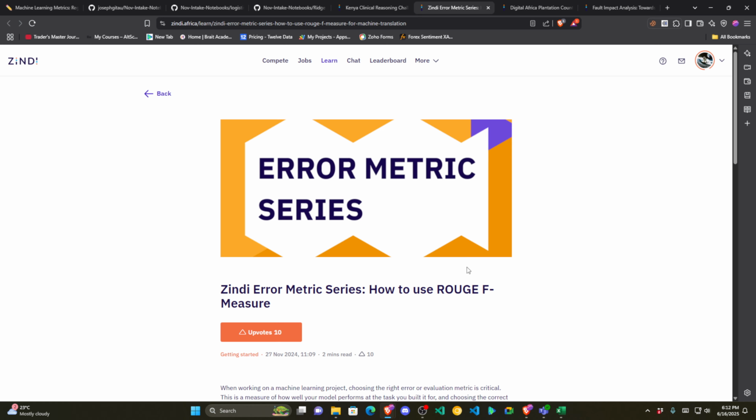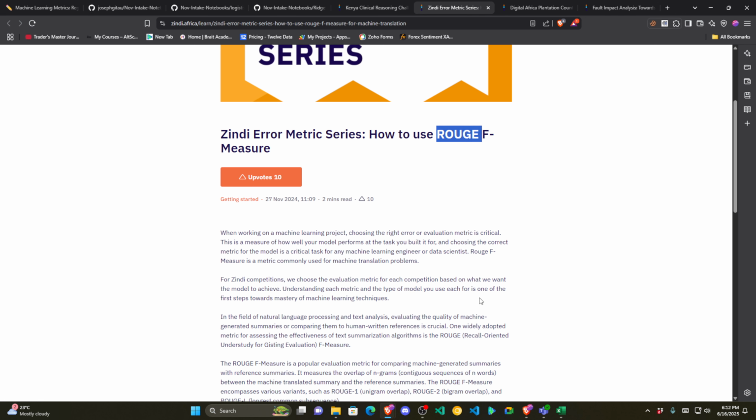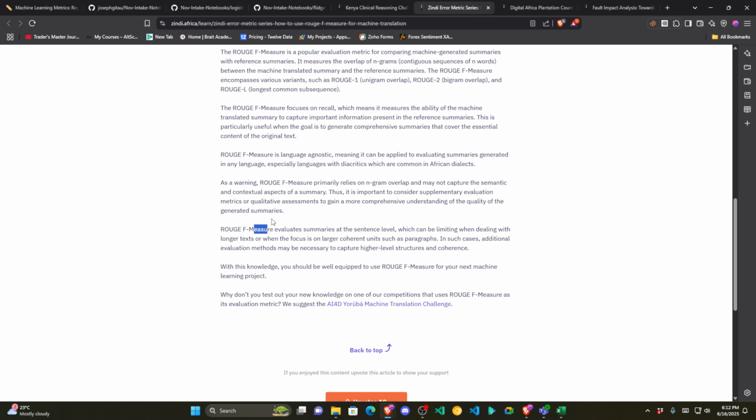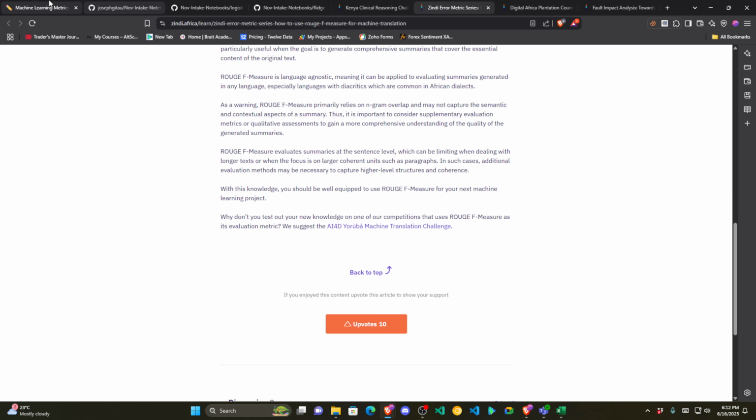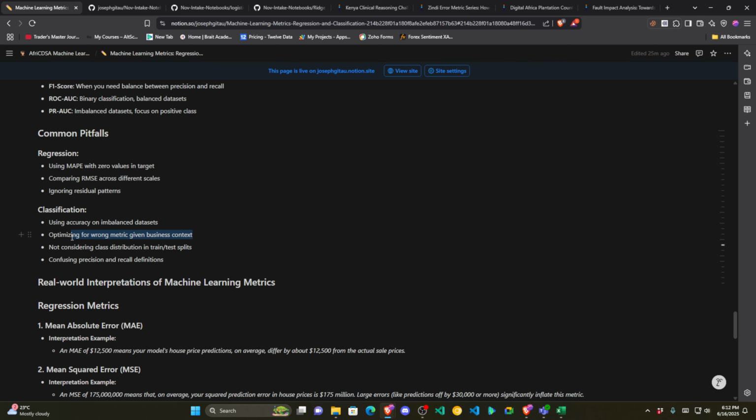And if we open the ROUGE measure, you'll see that it's an F1 measure, but specifically created for LLM models. So you'll need to check and see if the evaluation metric that you are working with is good for the kind of task that you are doing, and if you'll need to do a bit more customization to that evaluation metric.